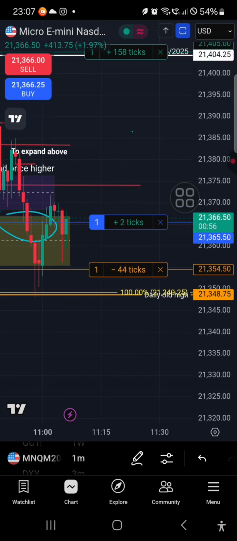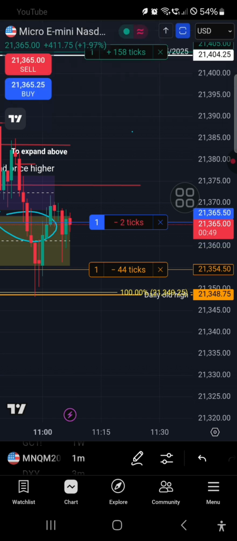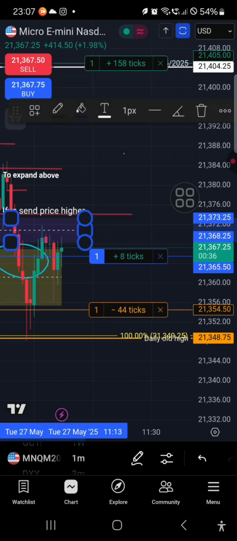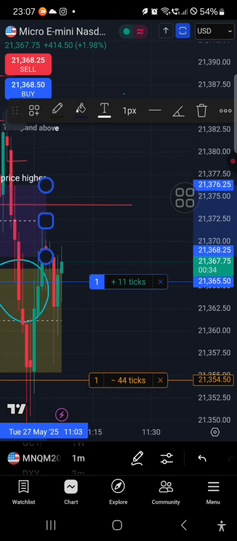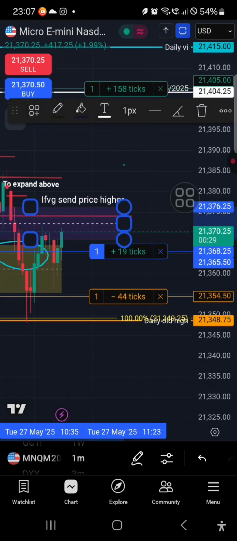Yeah, at this point, I want to start seeing price moving higher. Okay, I think price has dilly-dallied around here for enough time already. And it's 11 already. Generally, at this point, it should start expanding higher.